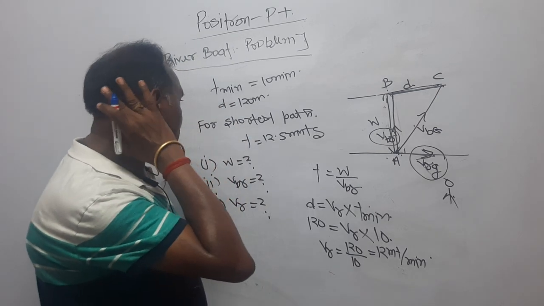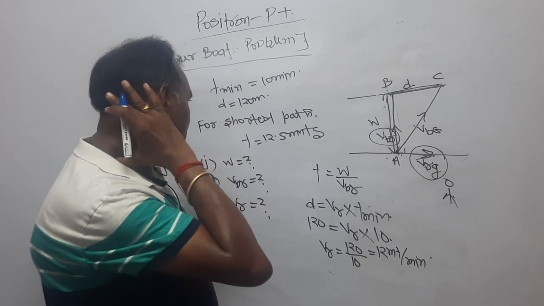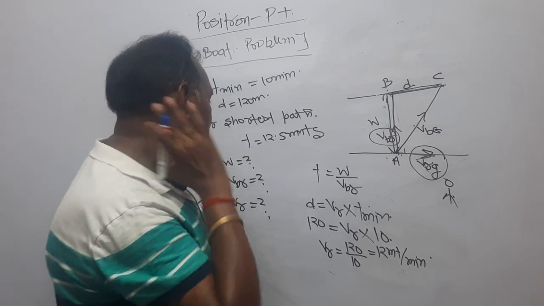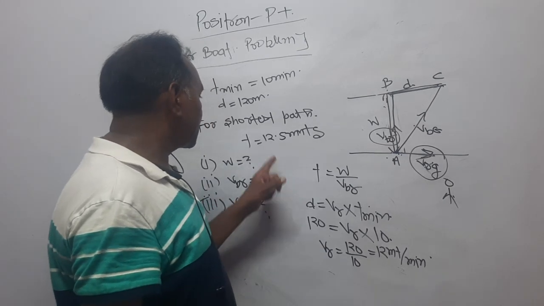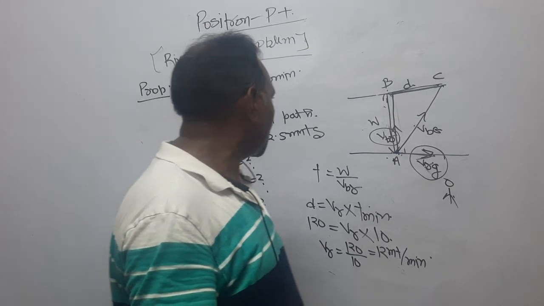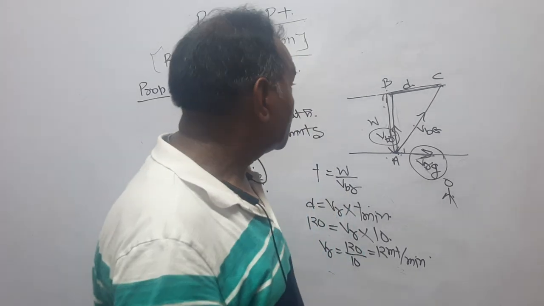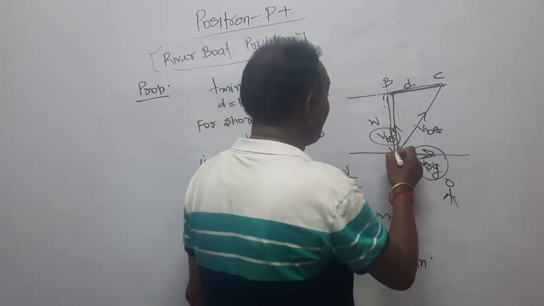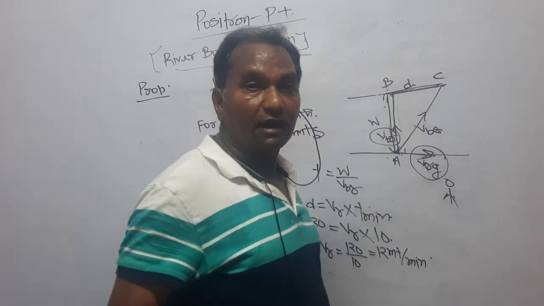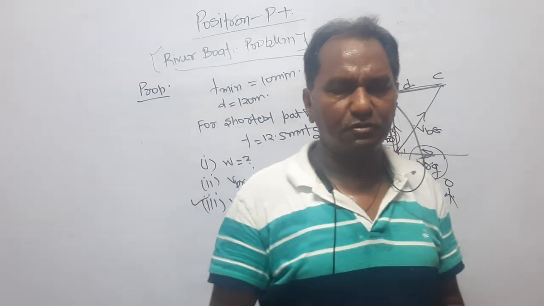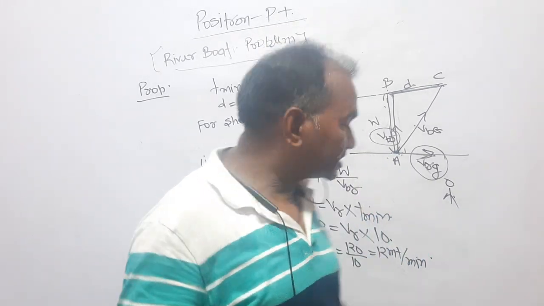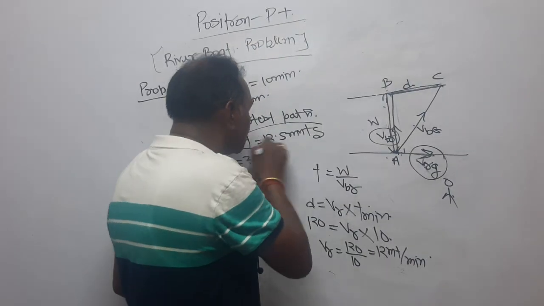Now for the shortest path, the time taken is 12.5 minutes. Shortest path means it has to reach here, whatever condition you have to apply. Time taken, this is not a minimum time.